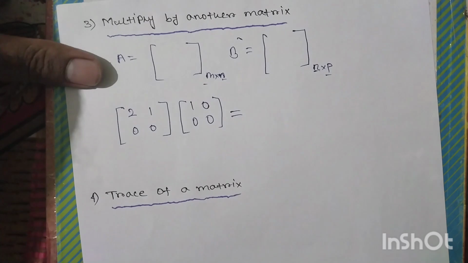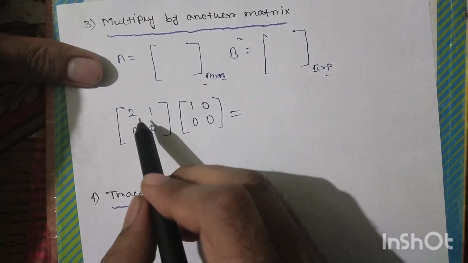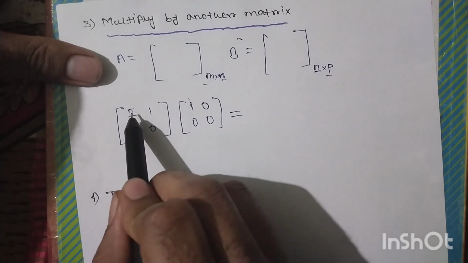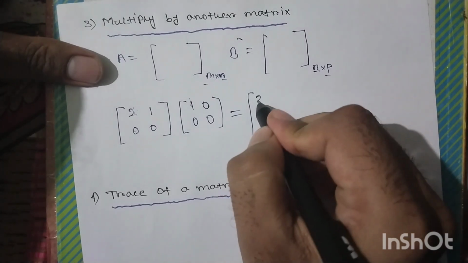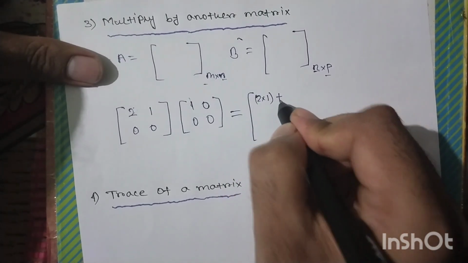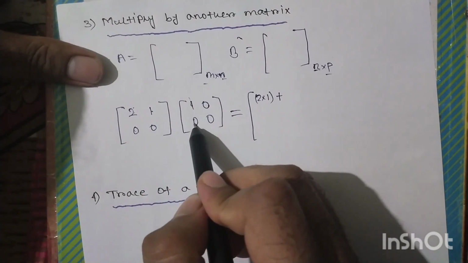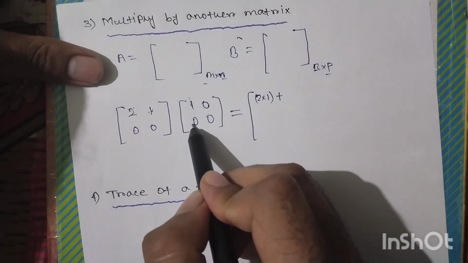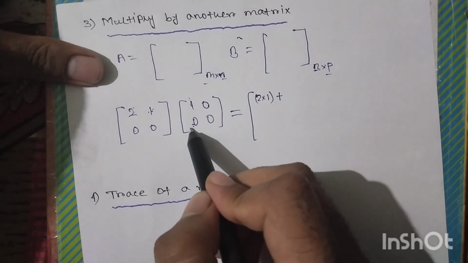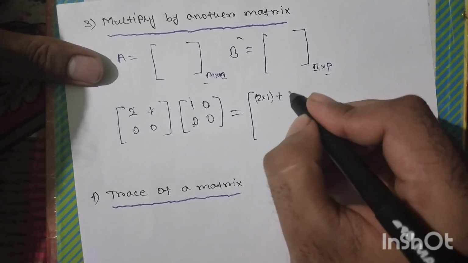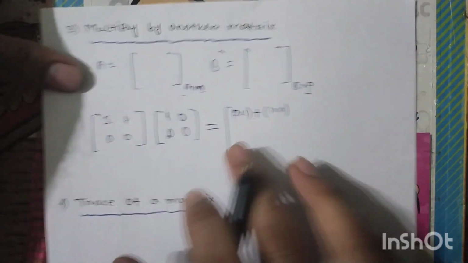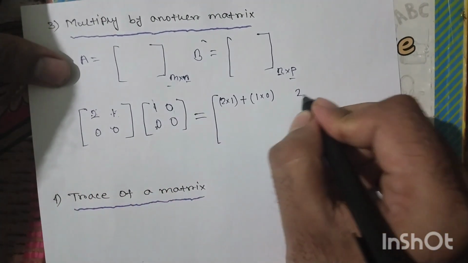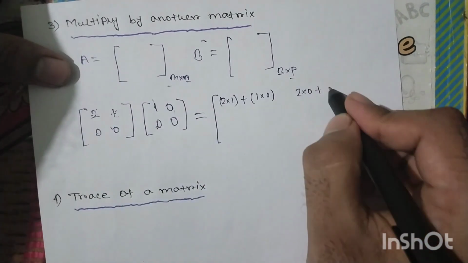The multiplication of two matrices should be calculated in this way. The first term of the row is multiplied with the first term of the column, that means 2 into 1, plus the second term of the row with the second term of the column, 1 into 0. This is our first term. Similarly, for this row with this column, 2 into 0 plus 1 into 0.